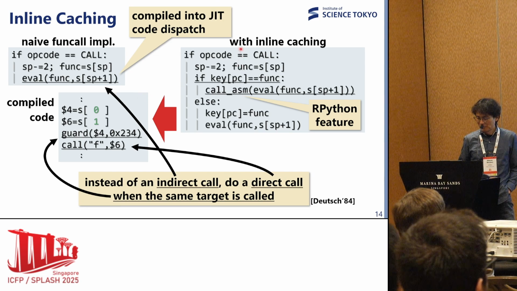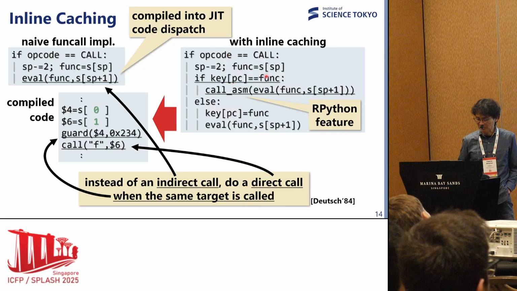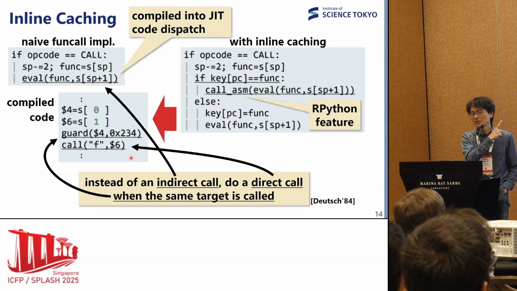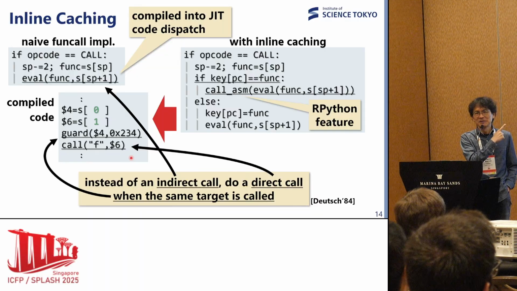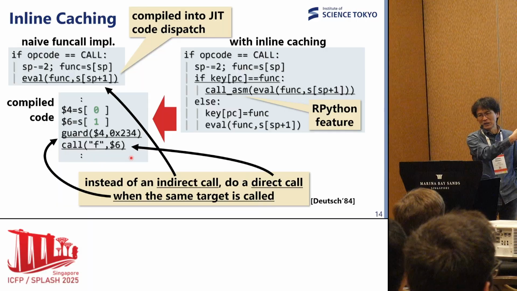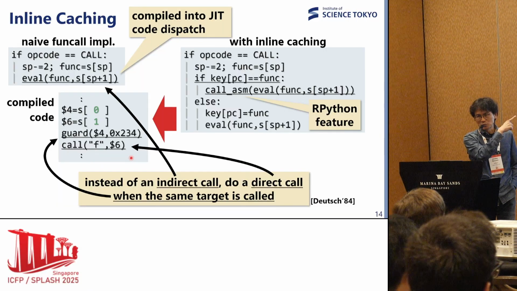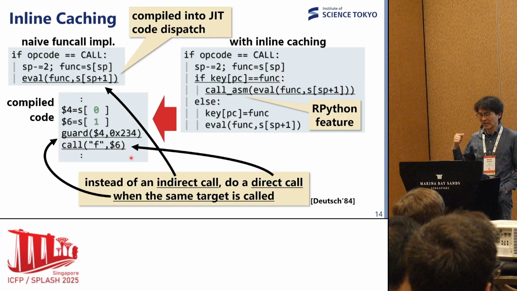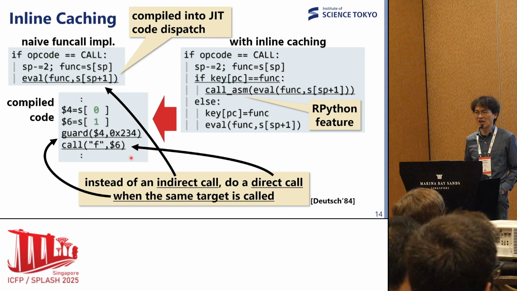So when the tracing compile happens, it comes into here, which is compiled into a Graal instruction, and then it generates the call instruction. And if we look at this code, it's exactly the same as the inline caching code. It first checks that the call target was what we actually recorded before, and then directly calls the target.